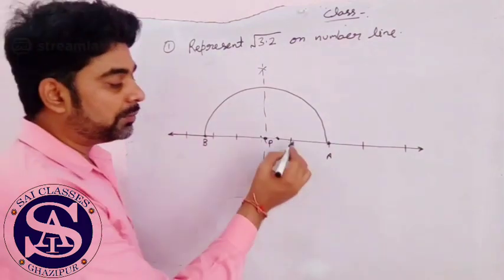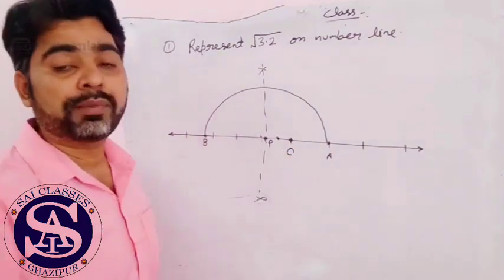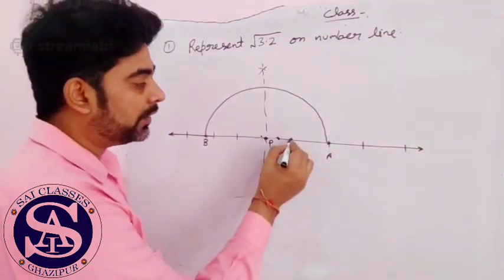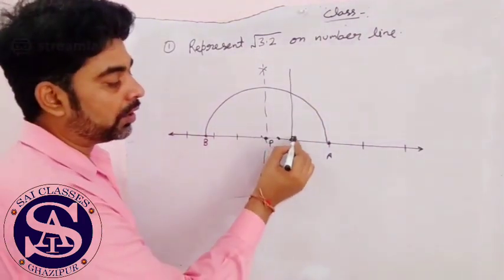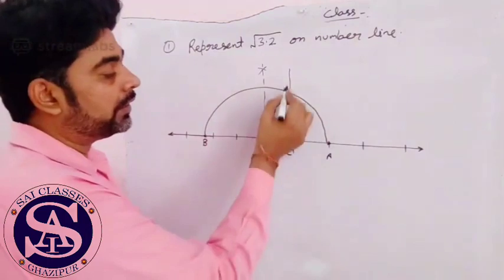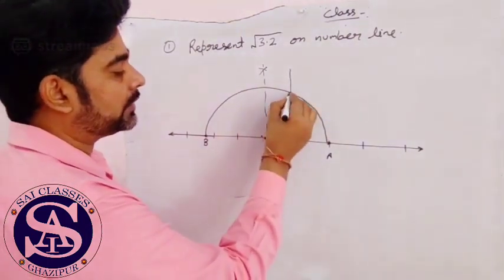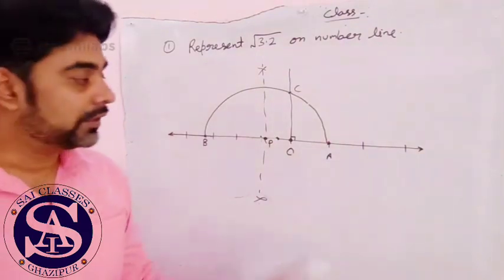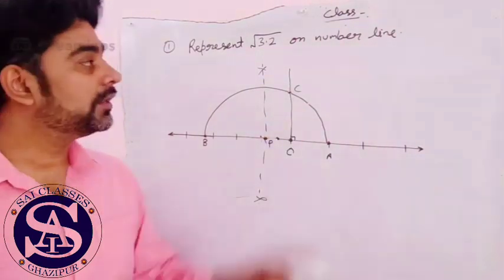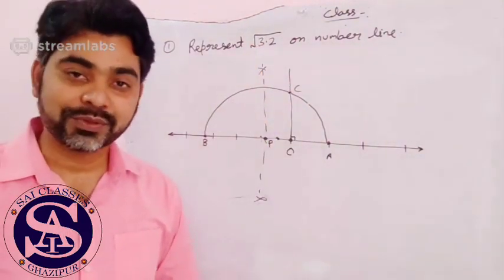Now from the point O, draw a perpendicular line which will intersect the semicircle, let's say at a point C. Now this OC is nothing but square root 3.2.